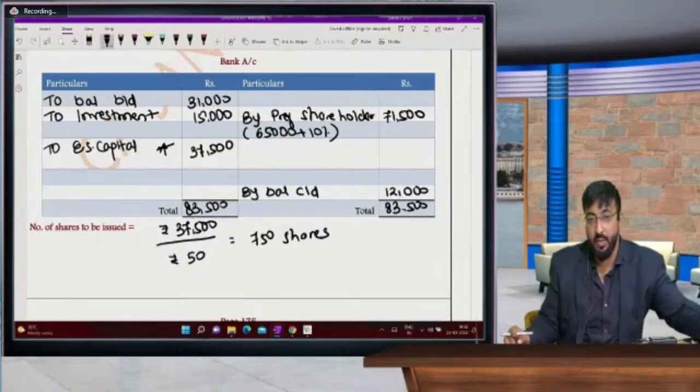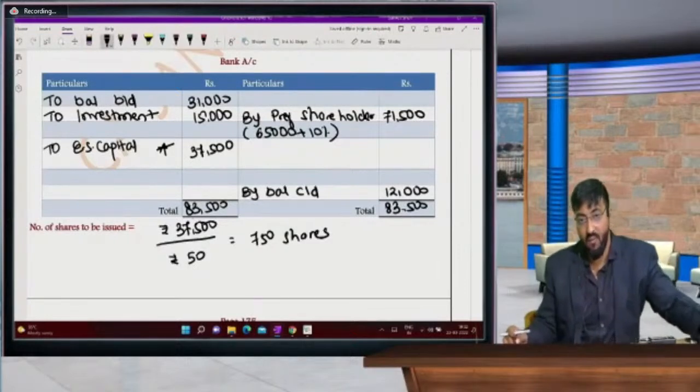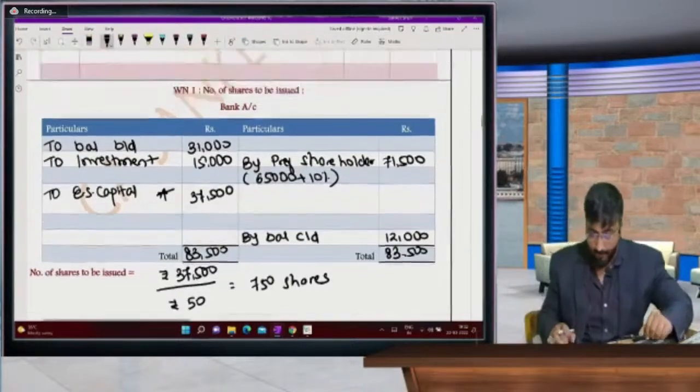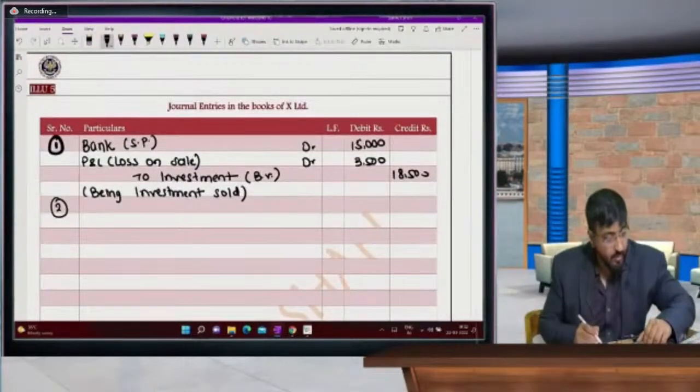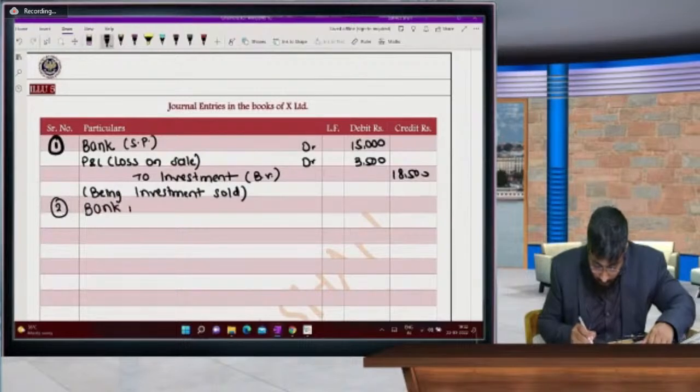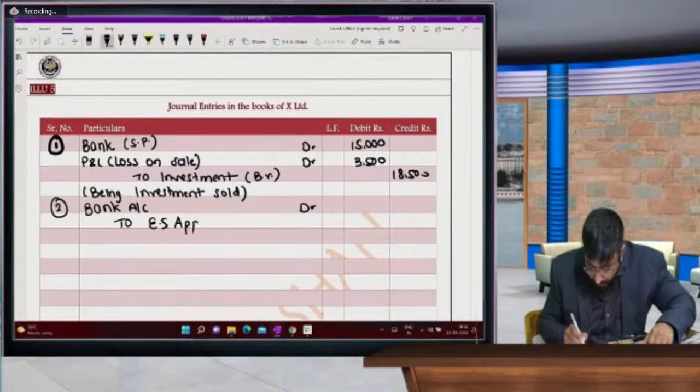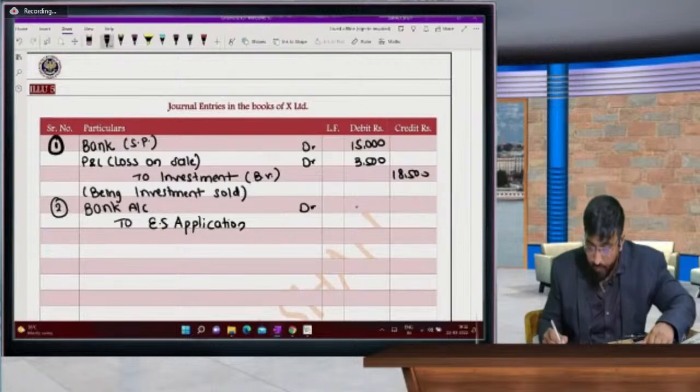Bank account debit. Second one. Bank account debit to equity share application, 37,500.